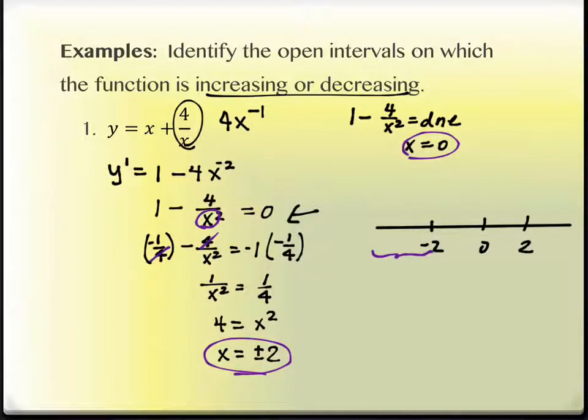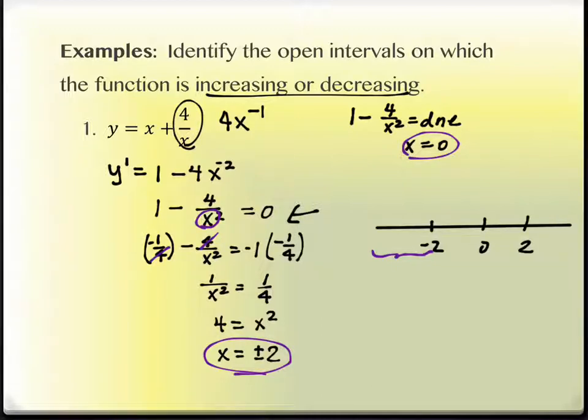There will be no changes to the left side of negative 2. It's not possible. Okay, that's what the first derivative test tells us, is that it's going to be solidly one thing or another before x equals negative 2, and between negative 2 and 0, between 0 and 2, and then after 2. Okay? So here's the cool thing about that.